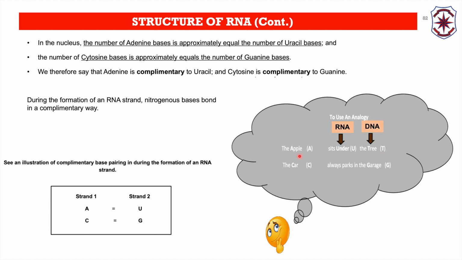So in RNA, the apple sits under U. In DNA, the apple sits under the tree, T. Okay, I hope this is making sense to you as much as it is making sense to me. If it is not, just memorize it as it is.